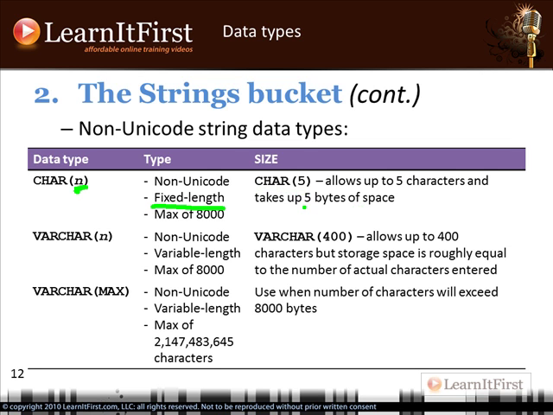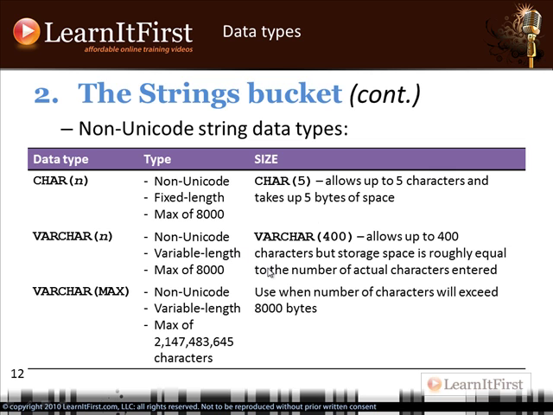And it actually takes up 5 bytes of space, regardless of what I put in the column. If I only put in one textual value, like if I just put in the value S, it still takes up 5 bytes of space. Okay? It's a fixed length column. Every insertion takes 5 bytes.